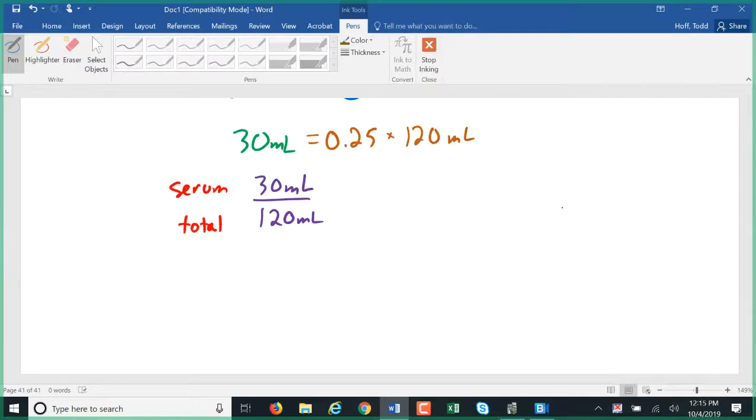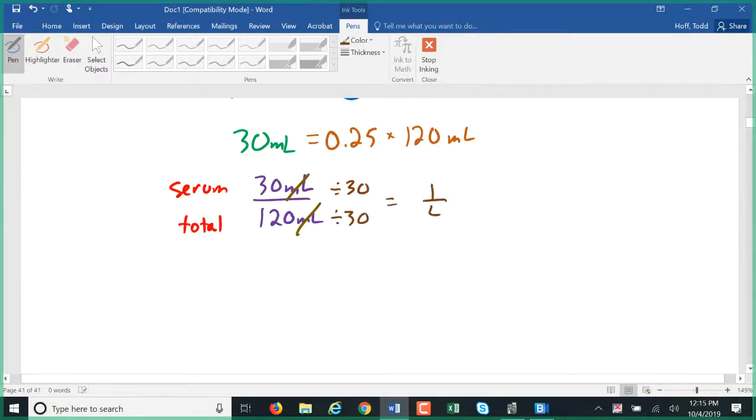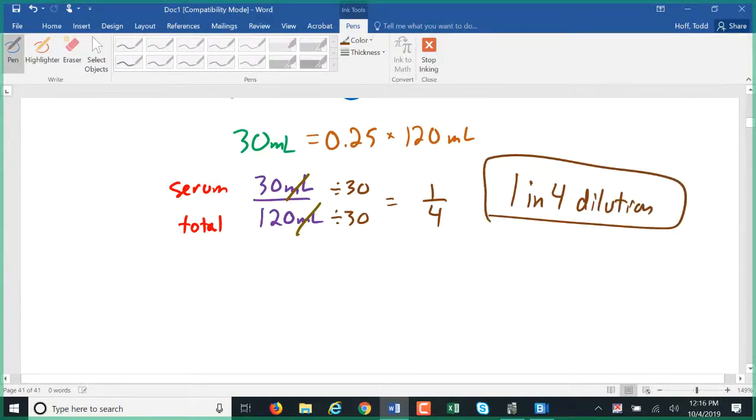I want to make sure that they are the same units. And then, of course, once they are the same units, we are just going to cancel them out. Both of these numbers, 30 and 120, can be divided by 30. Gives us 1 to 4. So a 25% solution is a 1 in 4 dilution. There are times where that is going to be easier to use than the percentage stuff.